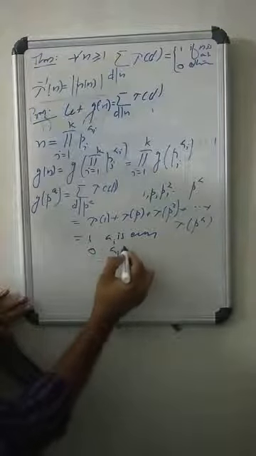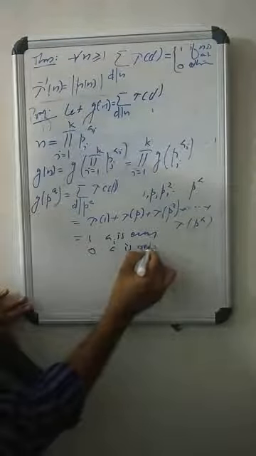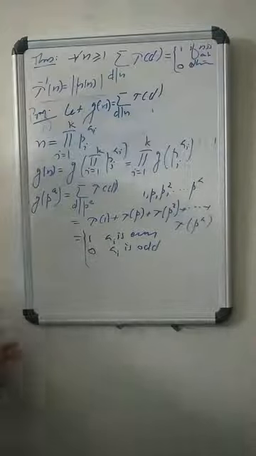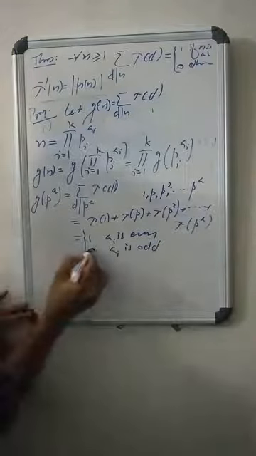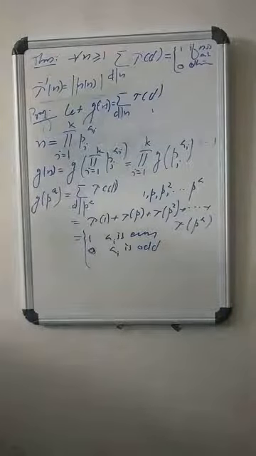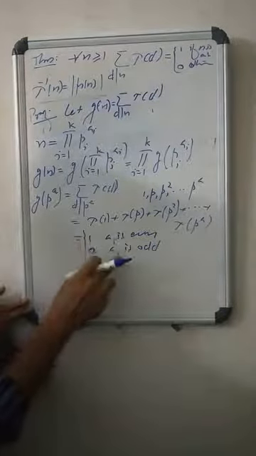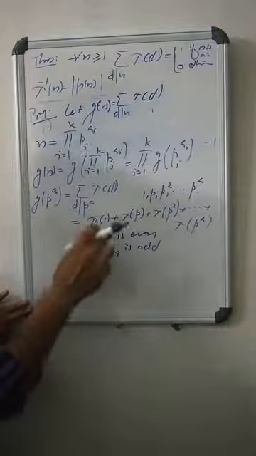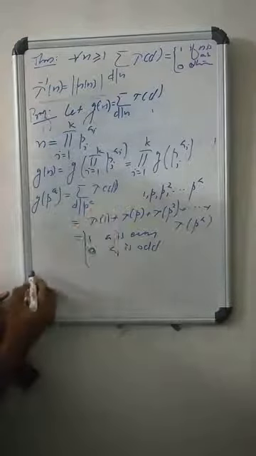It is 0 when a is odd. Why is it even and odd? Why is it 0 and 1, according to a being even or odd? When a is odd, suppose d divides p cube.